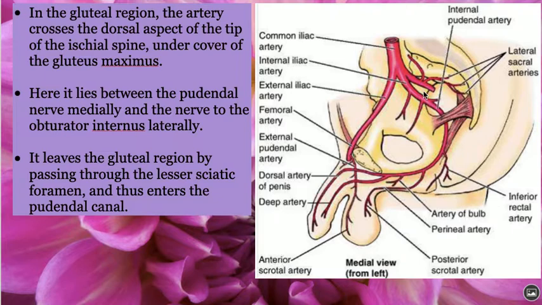In the gluteal region, the artery crosses the dorsal aspect of the tip of the ischial spine under the cover of the gluteus maximus. Here it lies between the pudendal nerve medially and the nerve to obturator internus laterally. It leaves the gluteal region by passing through the lesser sciatic foramen and thus enters the pudendal canal over here.